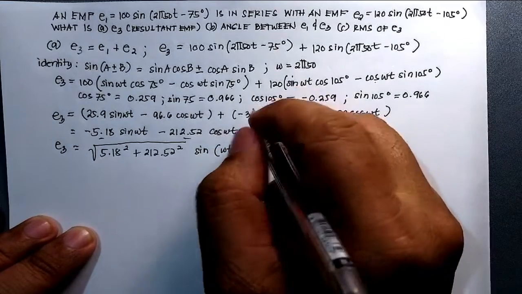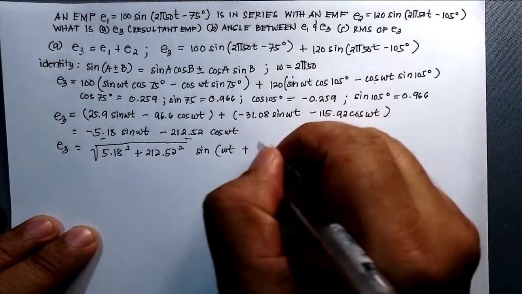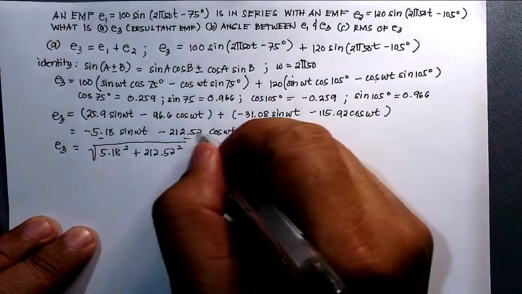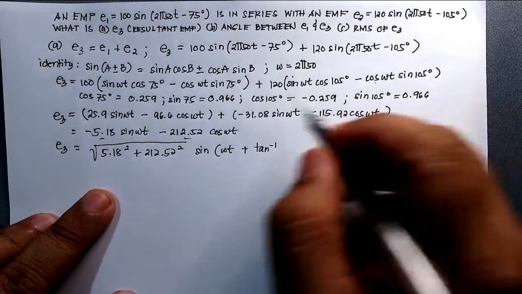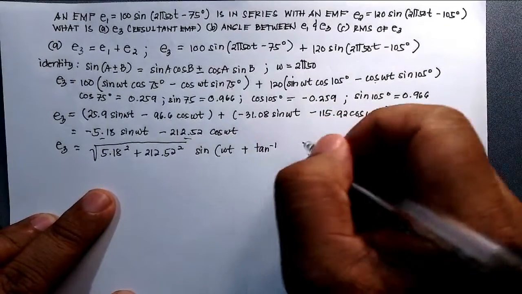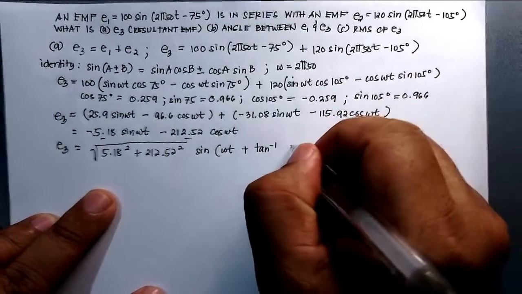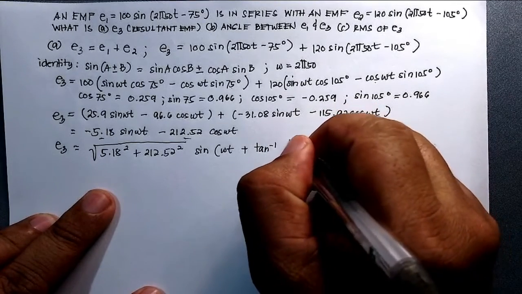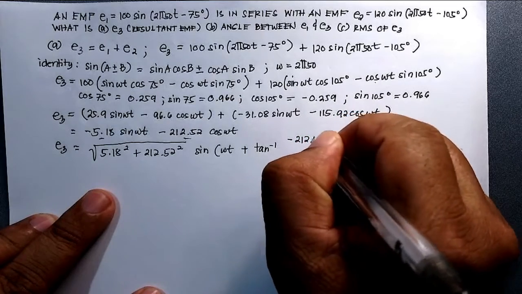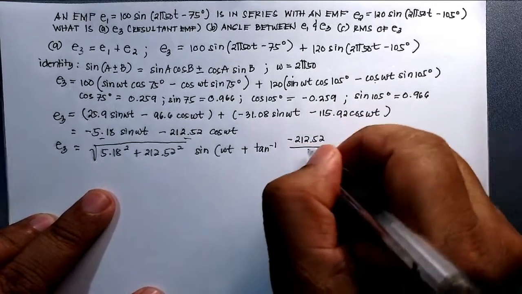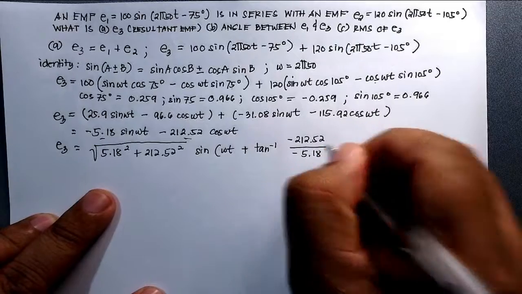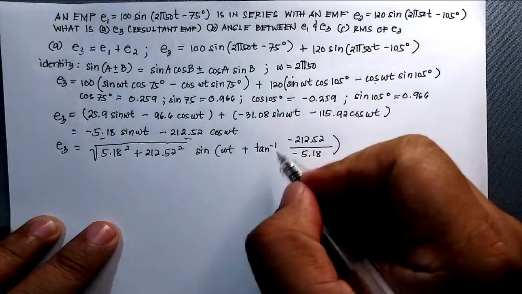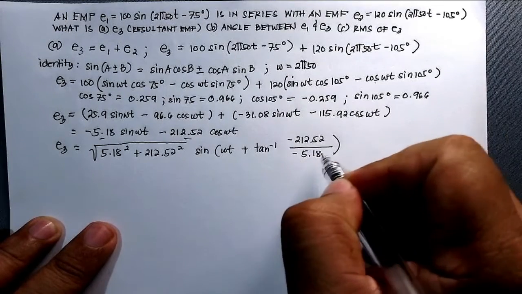What will be your theta? Theta is the inverse tangent. Since this is represented in a right triangle, your opposite side is negative 212.52 and your adjacent side is negative 5.18. You can get your calculator and solve for the result of this tangent.